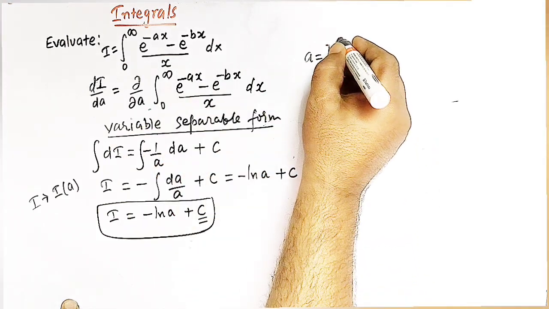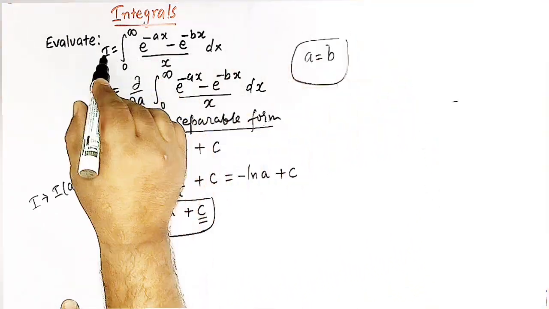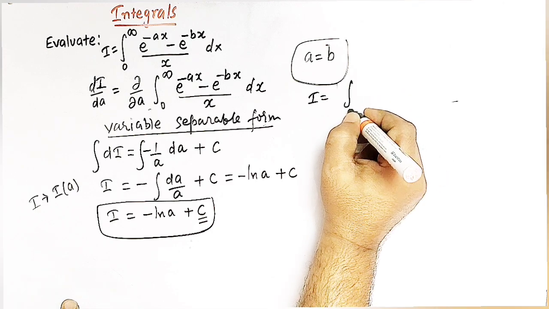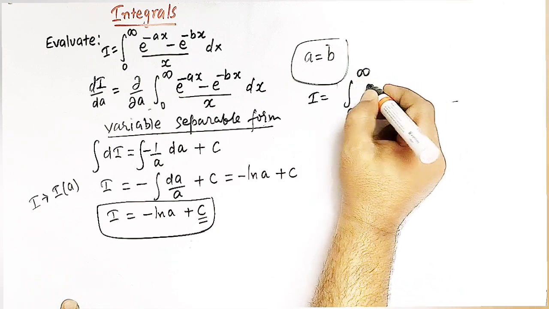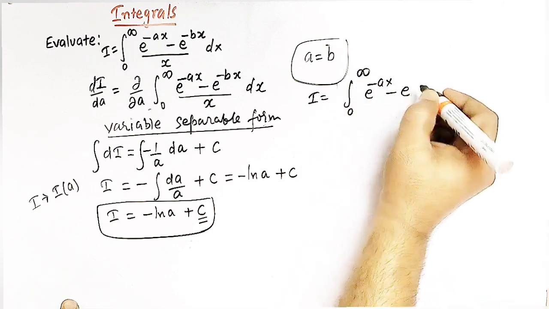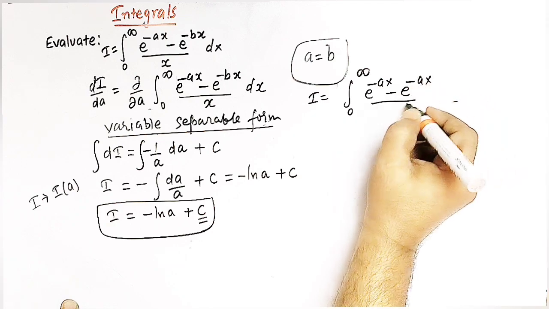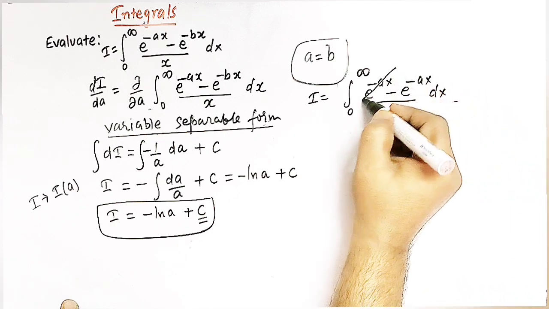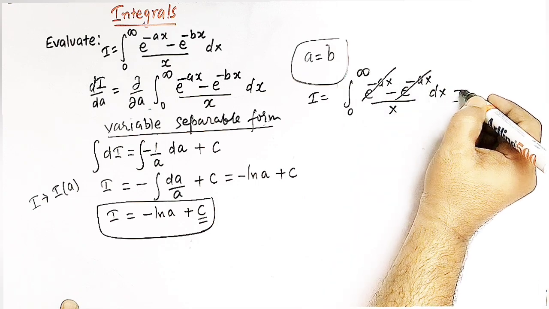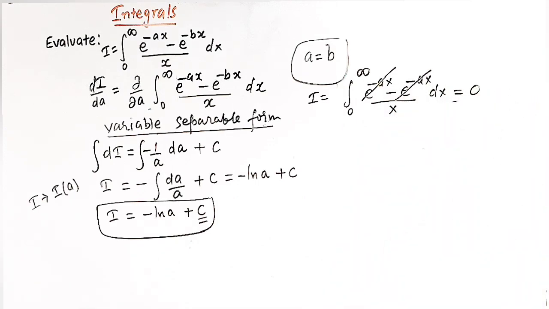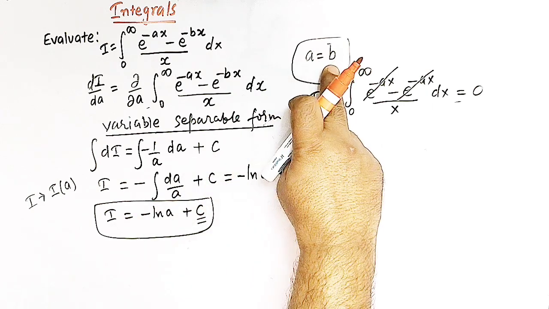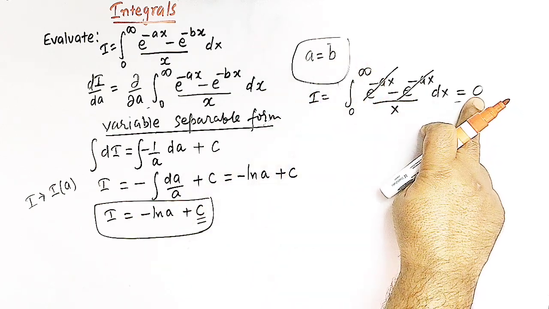So when we take a is equal to b in this integral, the value of I is equal to the integral from 0 to infinity of e raised to minus ax minus e raised to minus ax over x dx, and we can see that these two terms get cancelled, so this is simply equal to 0. So when a is equal to b, the value of I is equal to 0.